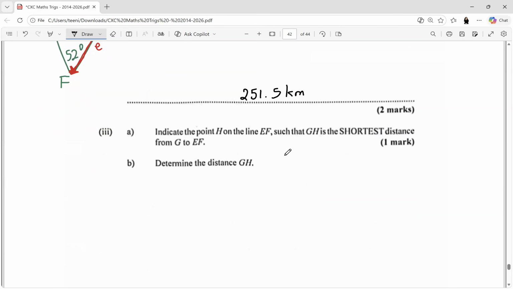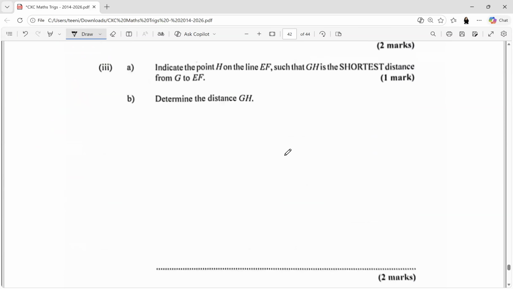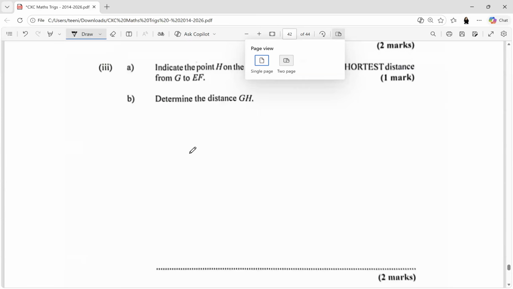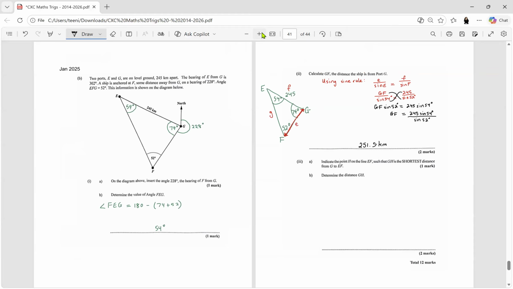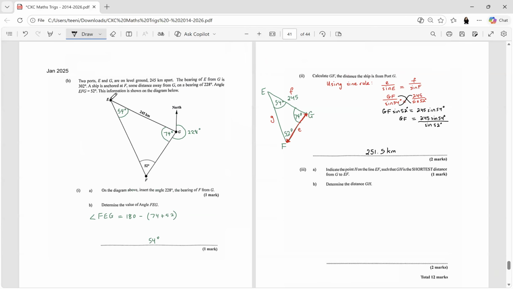And then finally it says indicate the point H on the line EF such that GH is the shortest distance from G to EF. So I'm going to put this side by side. It says indicate the point H on the line EF. So this is EF here, right?